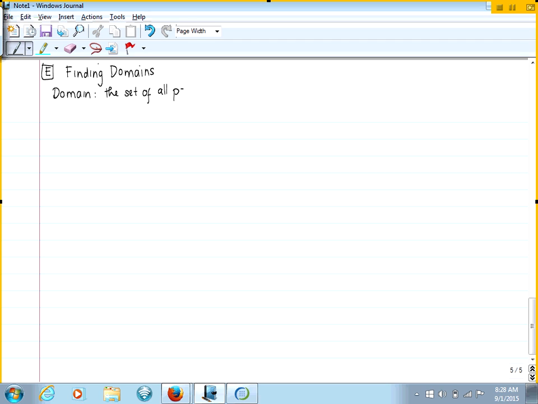The set of all possible inputs, or all possible x values. Okay, and range is the set of all possible outputs, which is the y value.